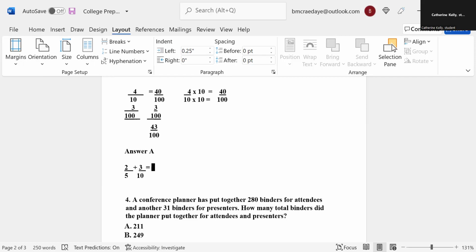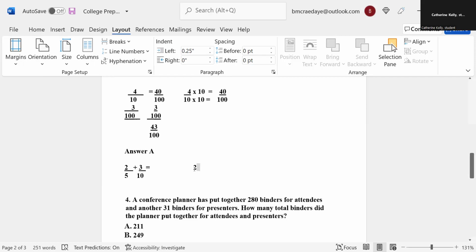Which fraction would you convert, the 2/5 or the 3/10? The 2/5. Okay, so what would you change the 2/5 to?